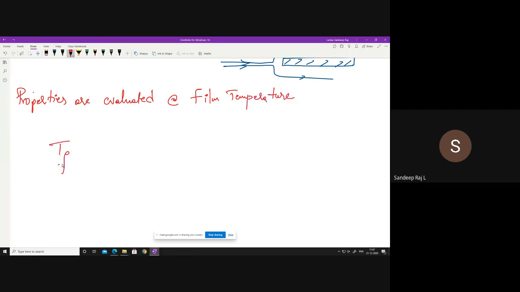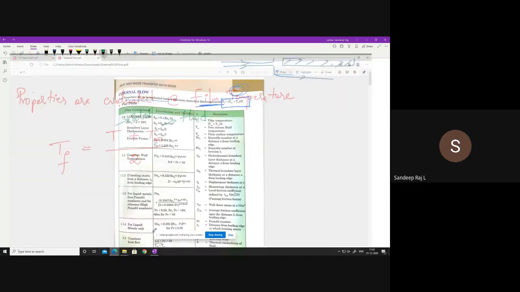The film temperature means what? T_F is equal to (T plus T infinity) by 2. Here, T is the temperature of a solid and T infinity is the temperature of the fluid. Okay, here in the data book you can see it.